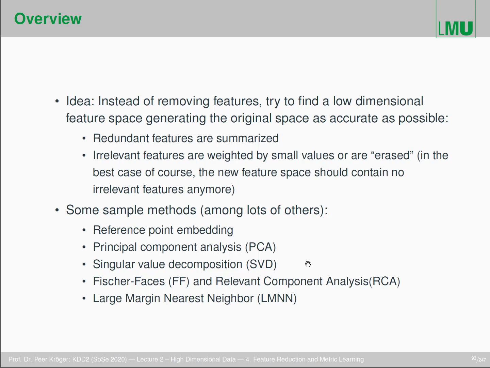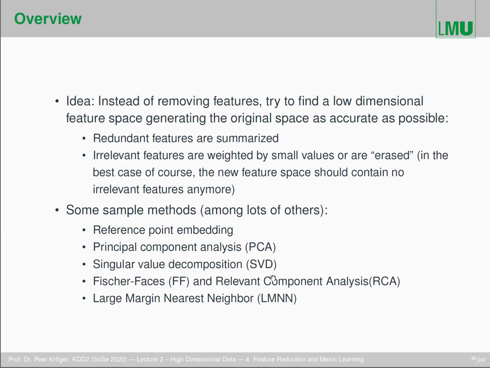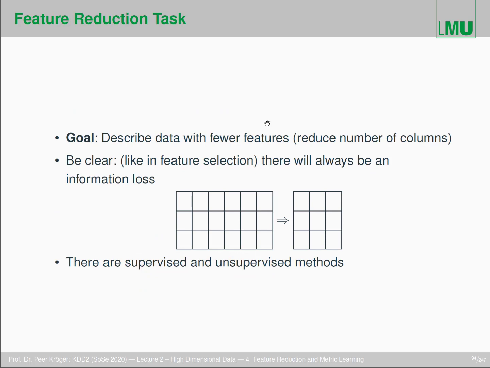Okay, so the goal now is, as I told you before, we try to remove features, find a lower dimensional feature space, not necessarily or typically not a subset of the original features, but some kind of new features that try to represent the original data space as accurately as possible.